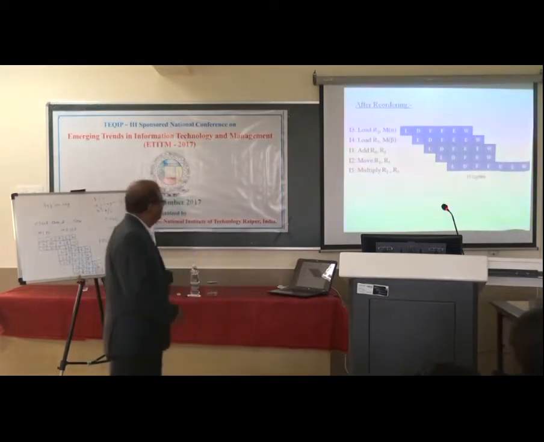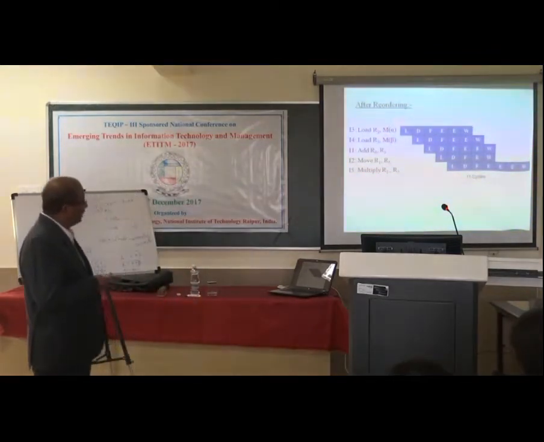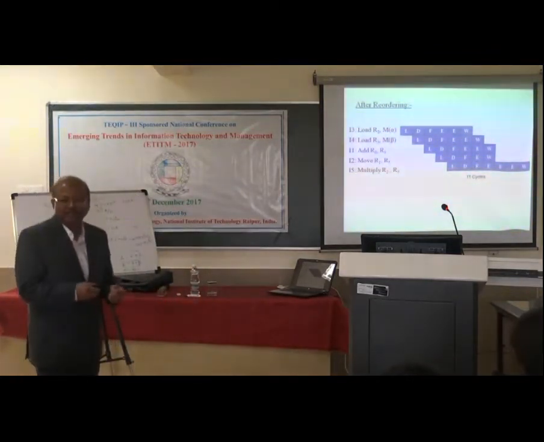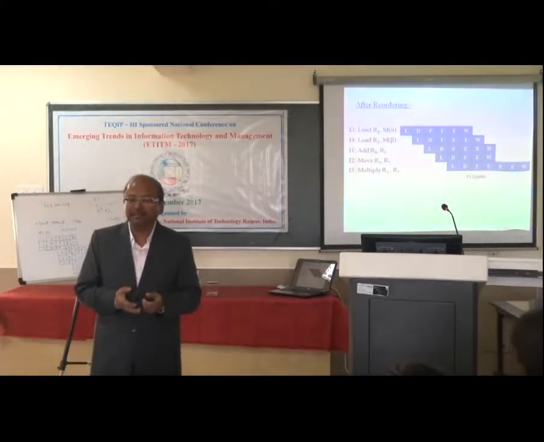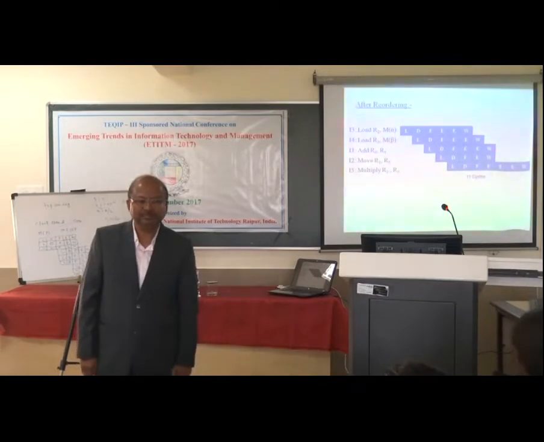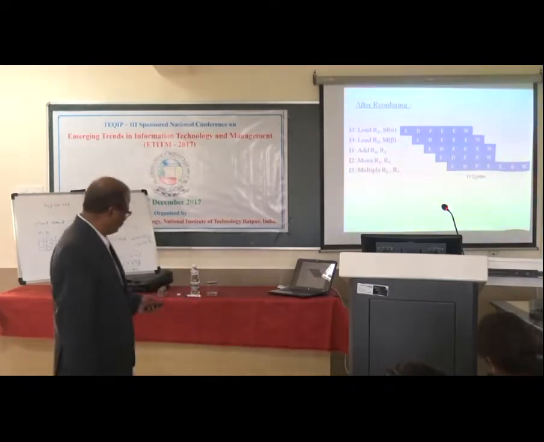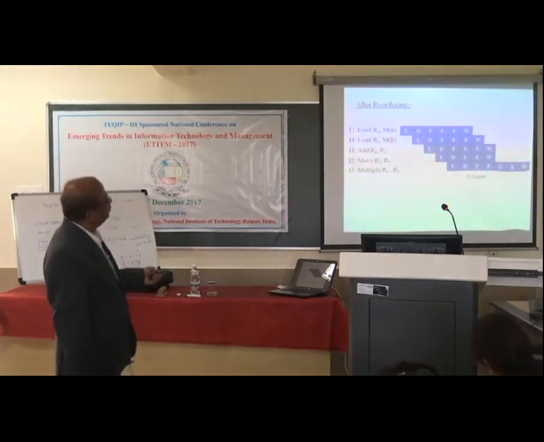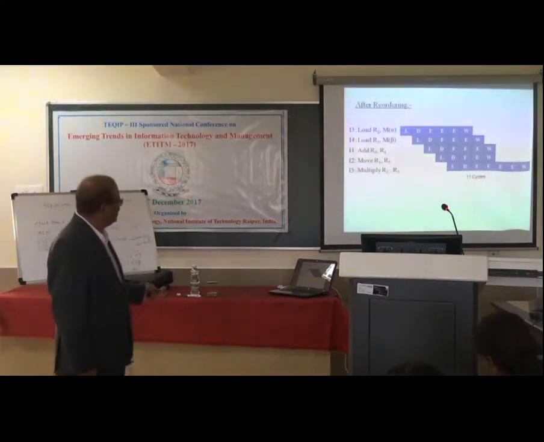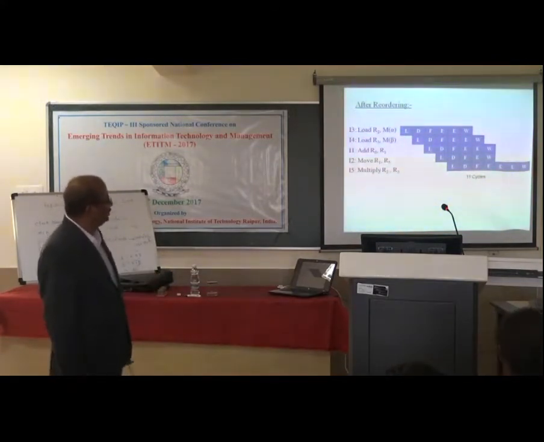After reordering, see, load R2, M alpha is a very independent type of statement, and that can be performed in the beginning also. No dependency, nothing like that. So this is performed in the beginning like this. Then I4 is also performed in the beginning, and now I1 is performed, then I2 is performed, then the multiply operation is performed.